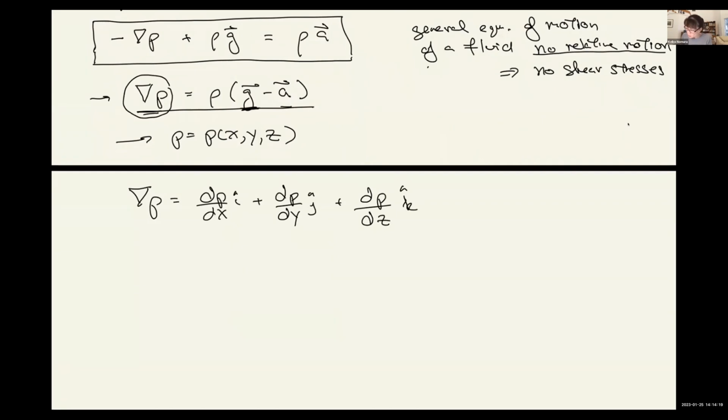Okay, so let's look, for example, in the XZ direction, a 2D problem.